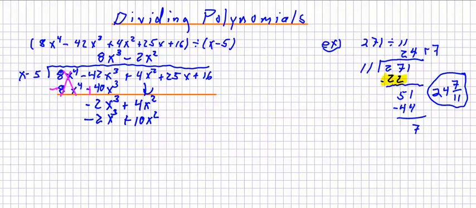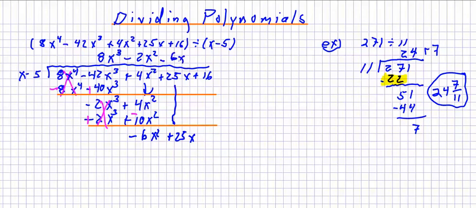And we are going to subtract. We change our sign when we subtract. This becomes a positive and a negative. Those cancel. And we have negative 6x squared. Bring this down. Plus 25x. Repeat.